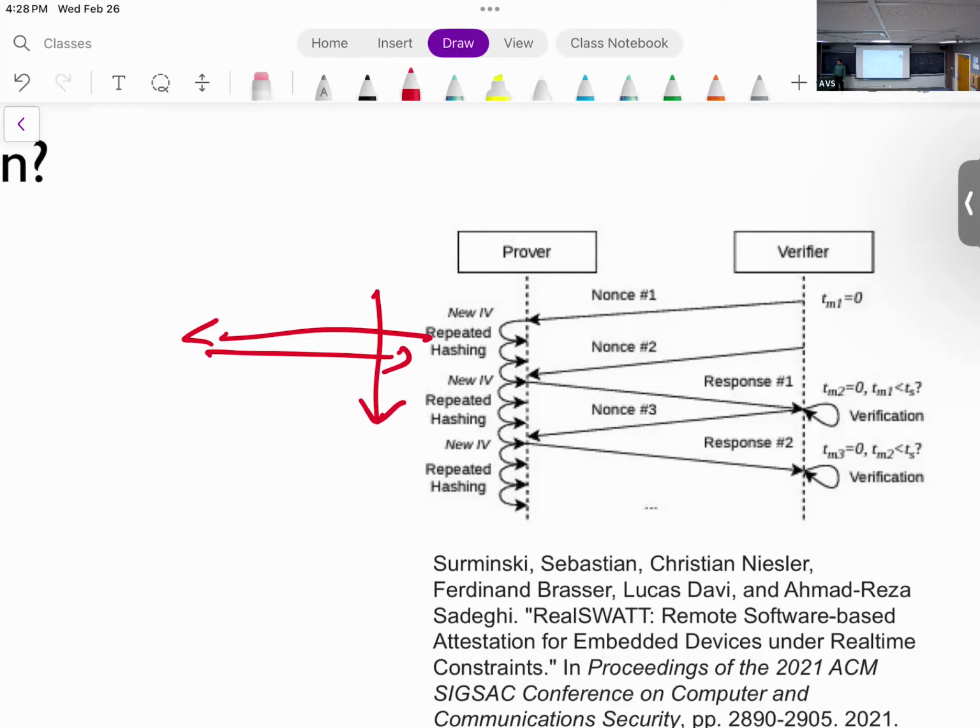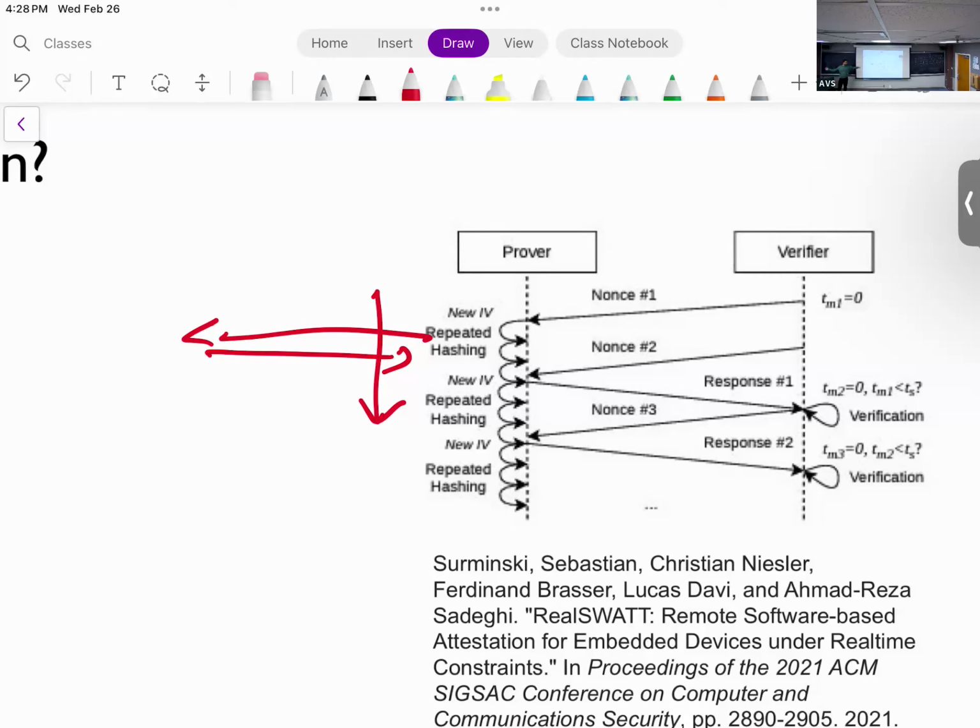This is very similar. Of course, the trade-off here is that what used to be a one-time attestation is now a many-time attestation, which means that your prover now has more energy consumption and is less useful during that attestation time.